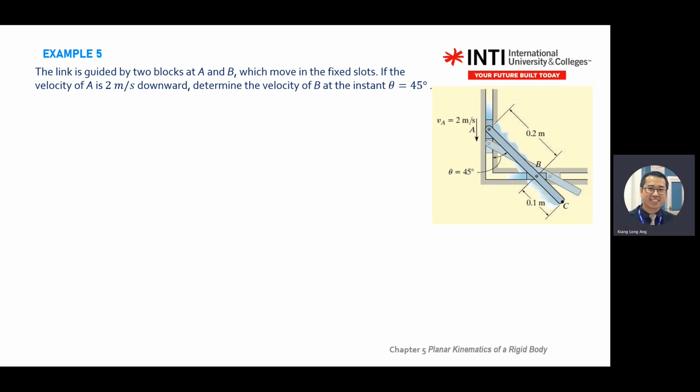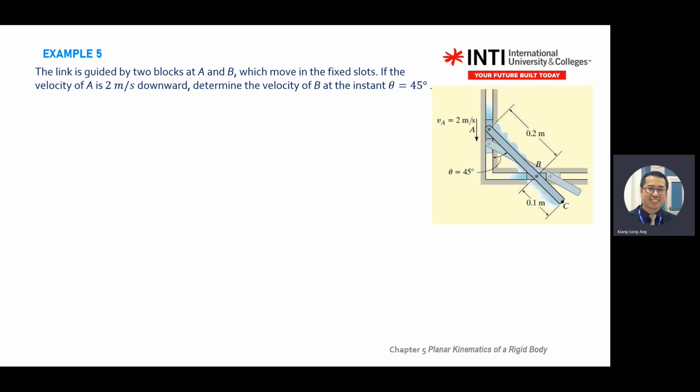AB direction is what? When you move A down, B moves to the right, this body will do anti-clockwise. Velocity and acceleration same. So this one you move down, this one will rotate like that.